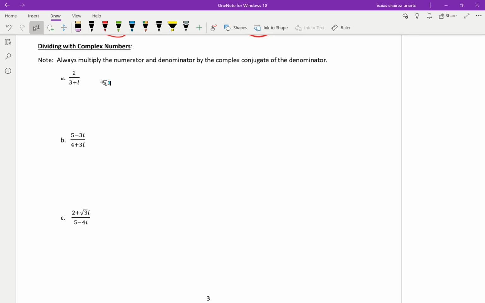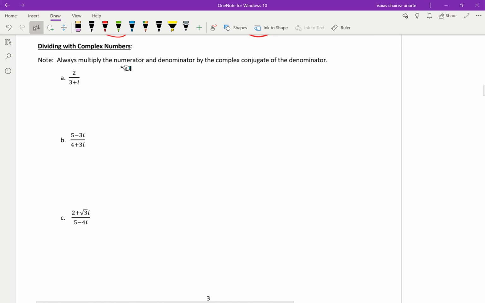Well, that's kind of what's going on here. Because remember, i is the square root of negative 1. So technically I have a radical, a square root in the denominator. So I gotta get rid of it because I want to rationalize the denominator. And that is kind of what we're doing when we divide complex numbers.